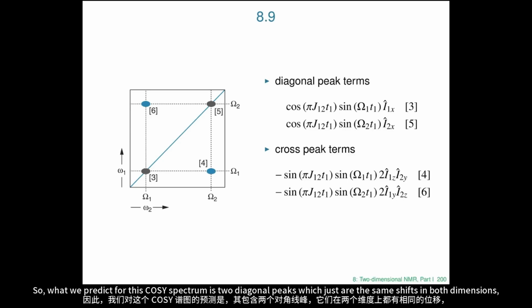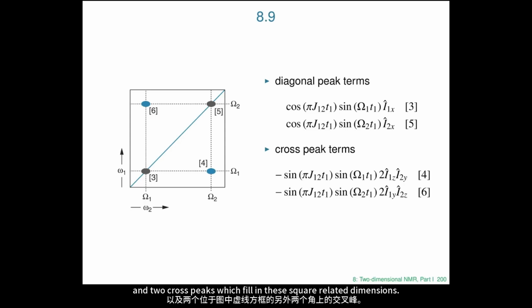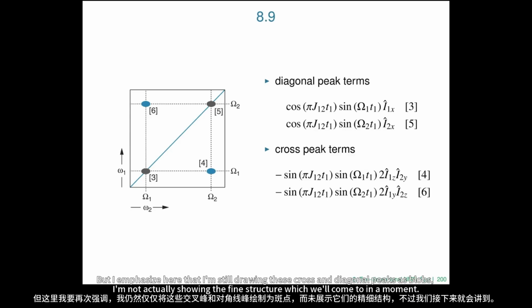So what we predict for this COSY spectrum is 2 diagonal peaks, which are just at the same shifts in both dimensions, and 2 cross peaks, which fill in the square-related positions. But I emphasize here that I'm still drawing these cross and diagonal peaks as blobs. I'm not actually showing the fine structure, which we'll come to in a moment.